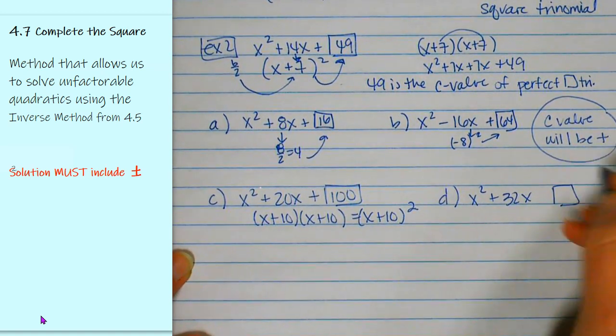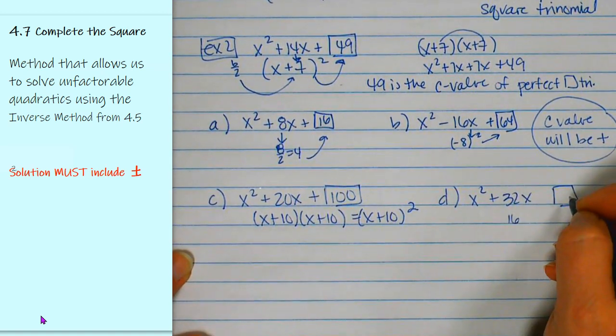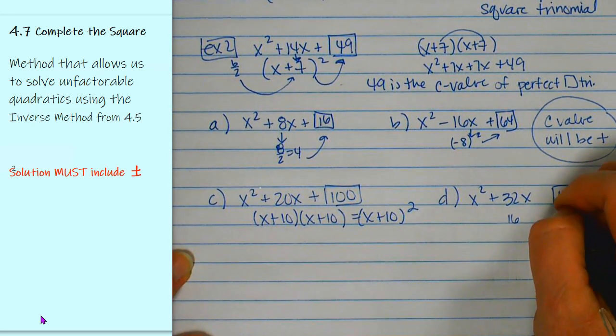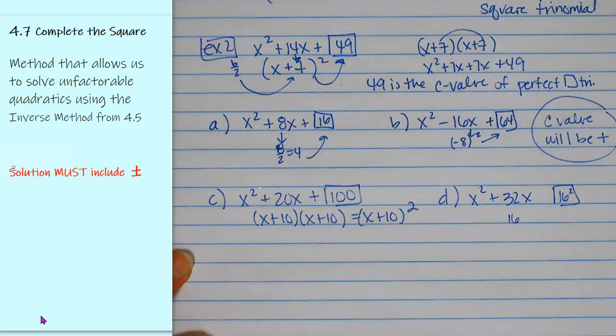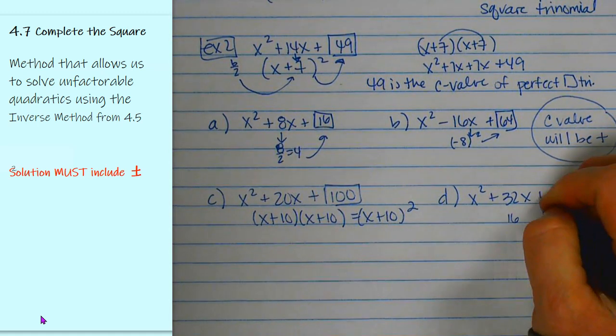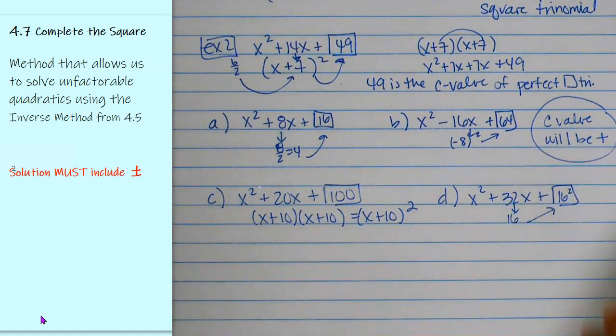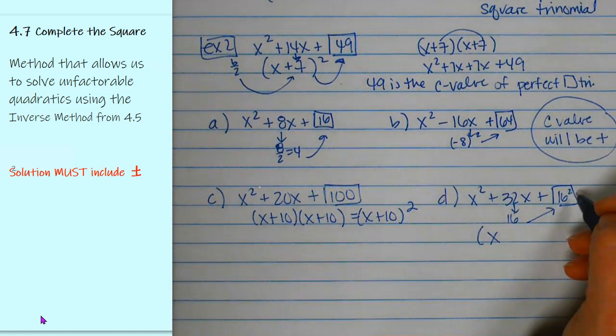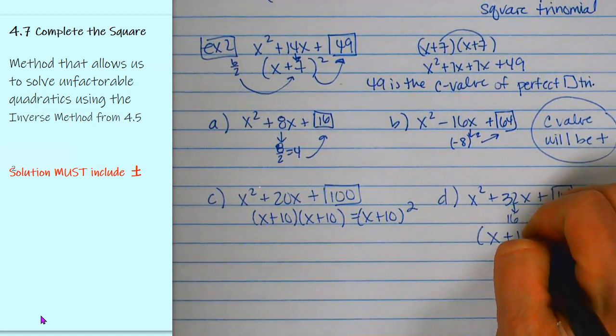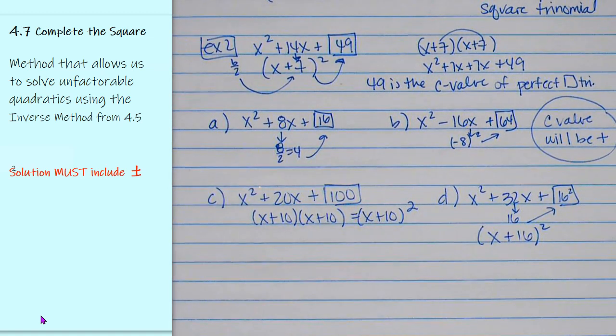What goes here? This is going to be 16. This is going to be 16 squared. I don't even know what that is. So 16 squared goes here. Half and then square every time. This is going to be written now, since I've added the 16, as x plus 16 squared.